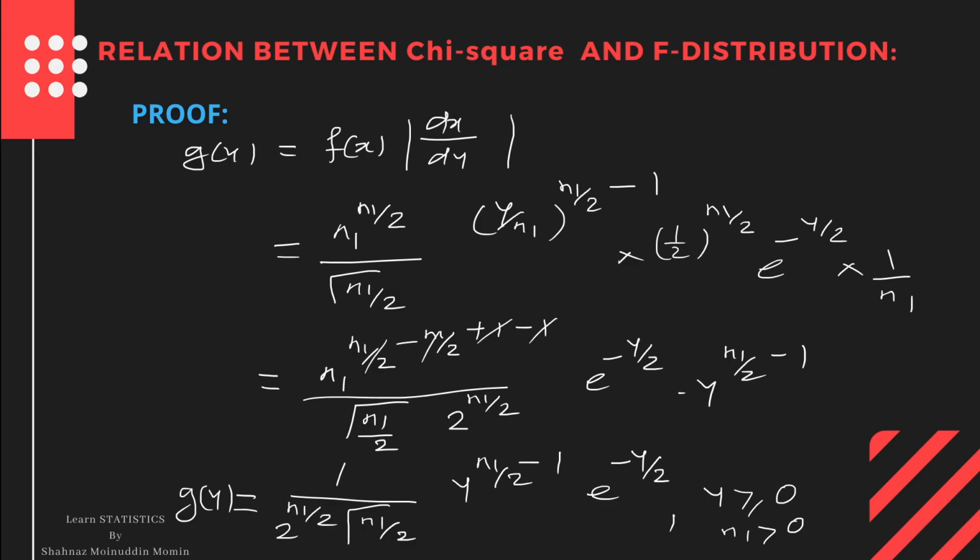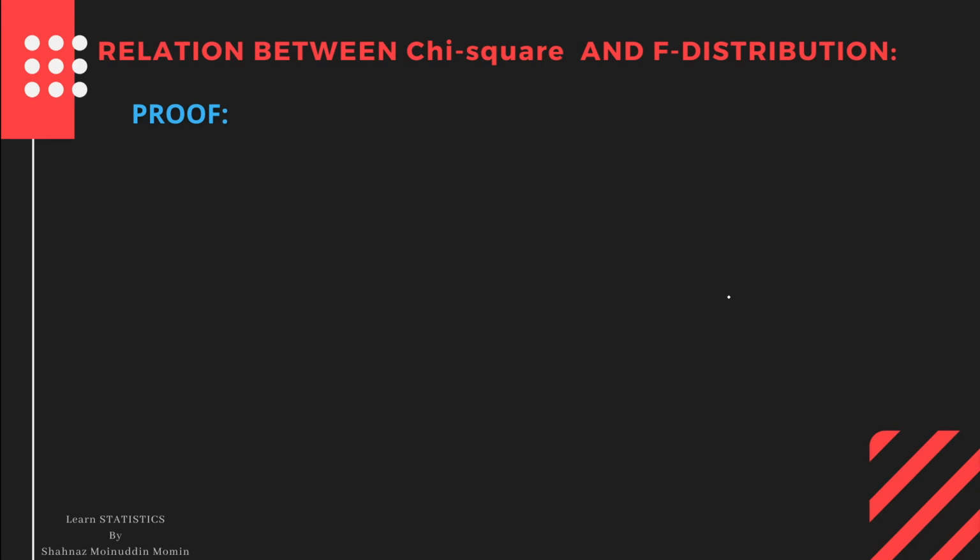Now after careful observation of this expression of g(y), the PDF of y, we observe that the PDF of y is nothing but the PDF of a chi-square variate with n1 degrees of freedom. Hence, y will follow a chi-square distribution with n1 degrees of freedom.